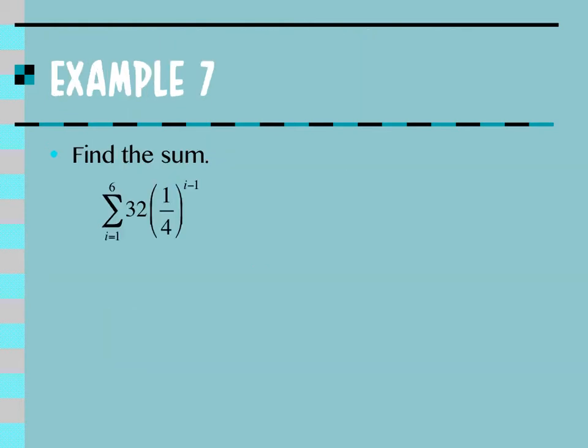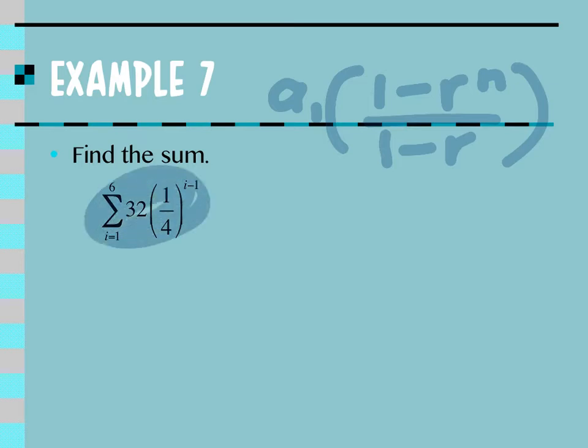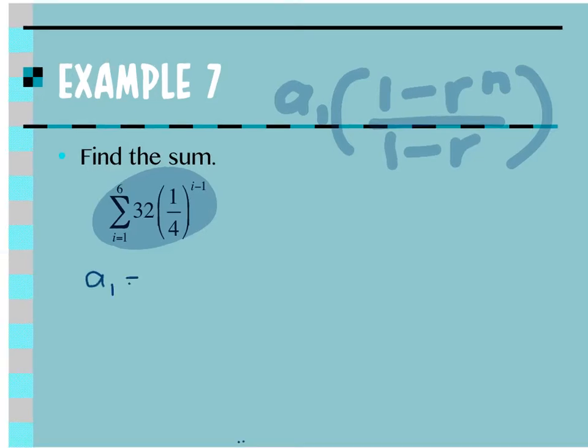All right, so it says find the sum. So a sub 1 times 1 minus r to the n over 1 minus r. Now you've got to figure out what part is what, right? So what part of this is a sub 1? 32, the number that's not raised to the power, right?